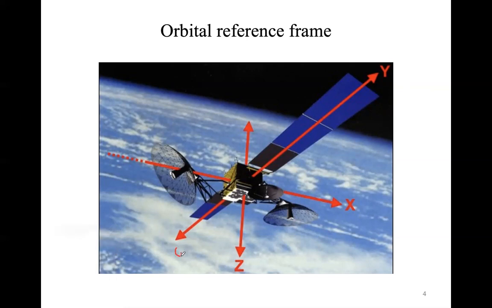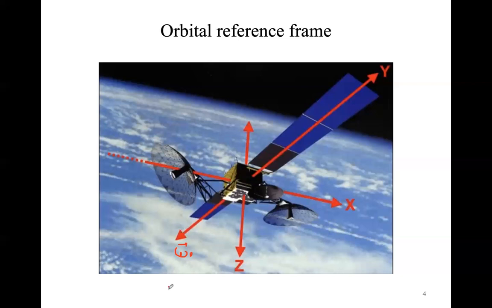If the spacecraft is moving, this is omega 0, the angular velocity of the spacecraft, so the orbital angular velocity.